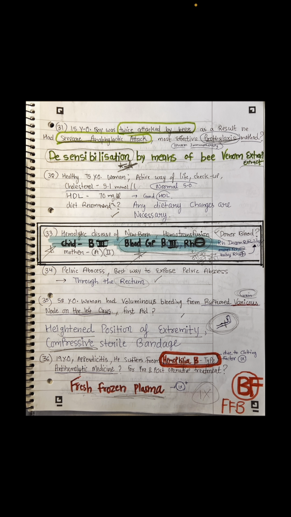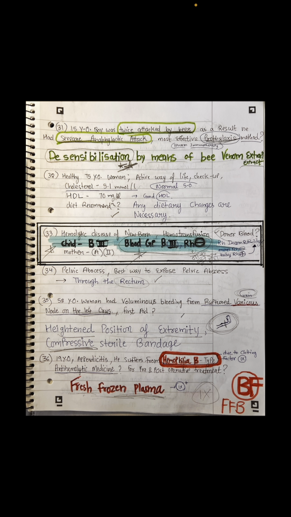effective prophylaxis method. So the question is asking about prevention. Whenever the patient will get attack of bee next time, he is also going to get the severe anaphylactic attack. So if we want to prevent this attack, we have to desensitize the immune system of the patient with the venom extract of the bee.